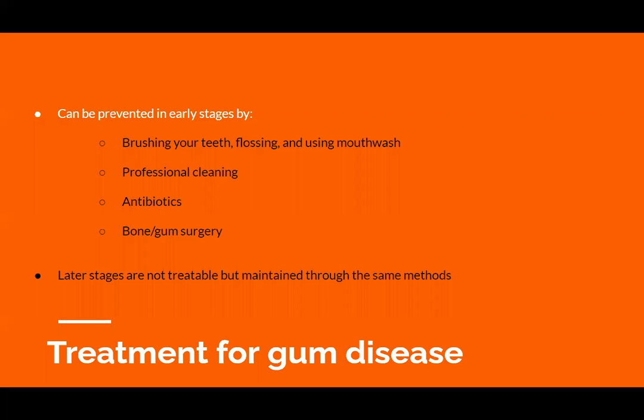The reason why it's important to go in and get gingivitis taken care of is because later stages are not treatable. If you get into a later stage, even bone and gum surgery can't help it. In early stages, it can be prevented by brushing your teeth, flossing, and using mouthwash on a daily basis.